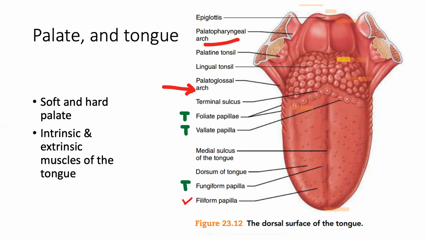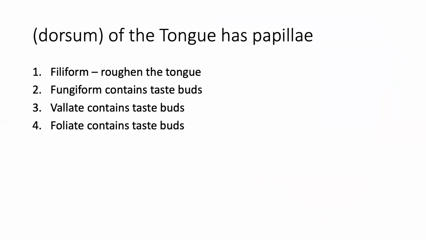Extrinsic muscles of the tongue, their job is to move the tongue, for example, forwards or backwards or to the medial or lateral side. So these are the four papillae on the dorsum of the tongue, which contain taste buds and which do not.